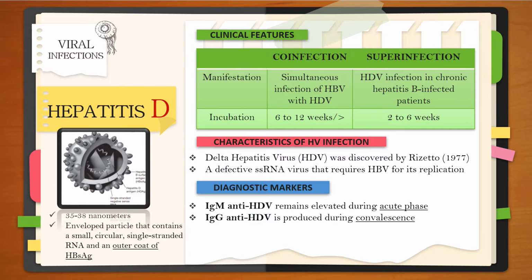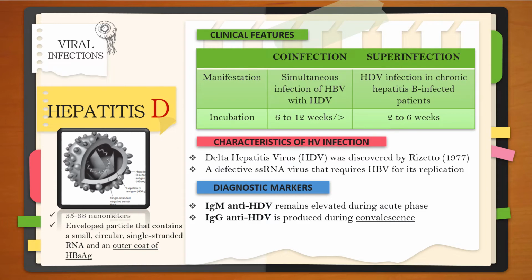For co-infection, there is a simultaneous infection of hepatitis B virus with hepatitis D virus or the Delta virus, and it has an incubation period of 6 to 12 weeks, or actually more than this incubation duration. While for superinfection, there is HDV infection in patients with chronic hepatitis B infection and it has an incubation range of 2 to 6 weeks.